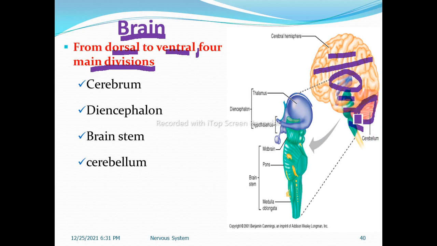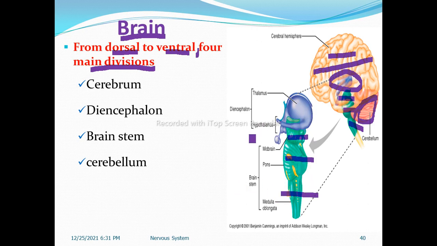To view this clearly, we indicated it outside the picture. When we magnify this picture, it shows just like this. These are the midbrain, the pons, and the medulla oblongata. These three, midbrain, pons, and medulla oblongata, are considered the brainstem.